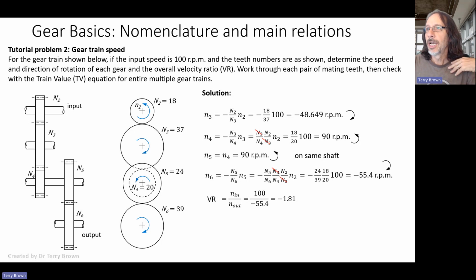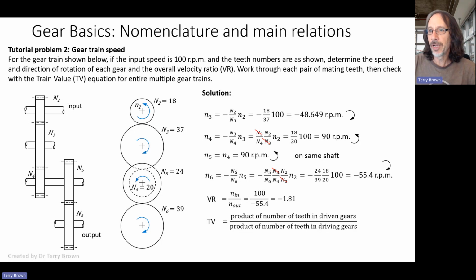Right, so the next thing I asked you to do is to check the overall velocity ratio by using the train value equation for multiple gear trains. So our train value is the product of the number of teeth in driven gears over the product of the number of teeth in driving gears.